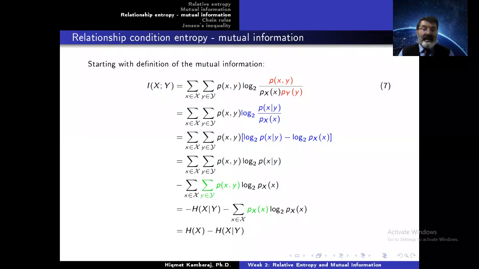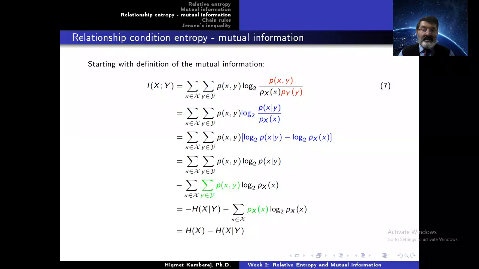Now on the second line, I group together the log base 2 of the ratio P(x|y) over P(x). Now I use the property of the logarithm, and this is the difference of the two logarithms: log base 2 of P(x|y) minus log base 2 of P(x).